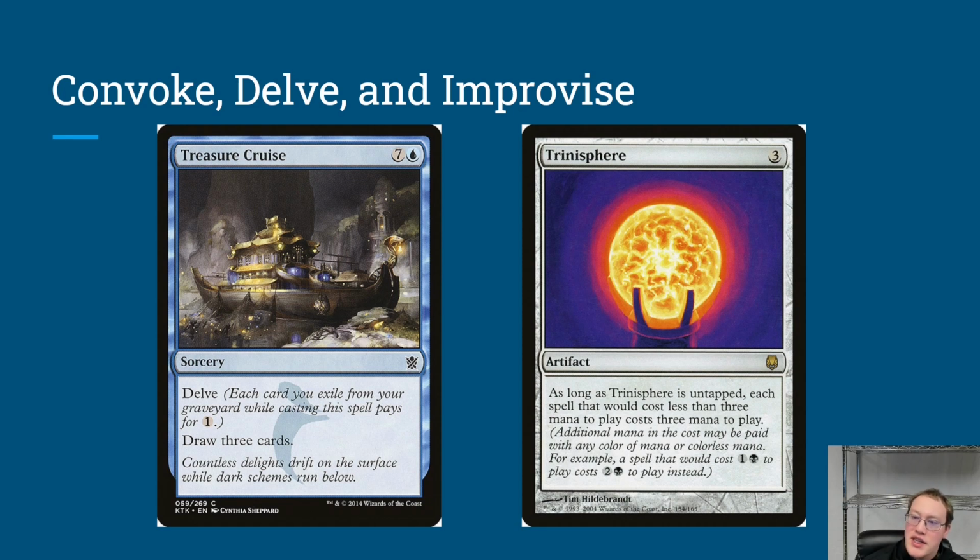So with this, you can see we've got the Treasure Cruise. And the way that Delve, Improvise, and Convoke all work is a little bit different from what you might expect. And actually, they did used to work differently, but they changed how the rules work, and I'm not really sure I remember what the impetus was behind that change.